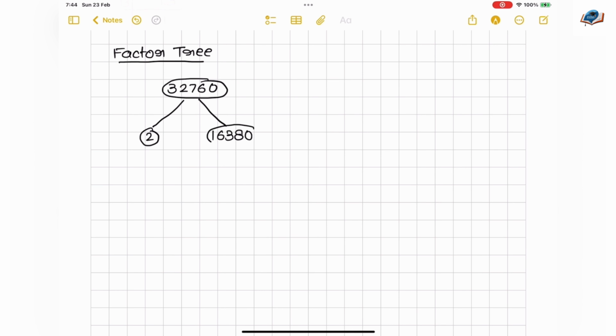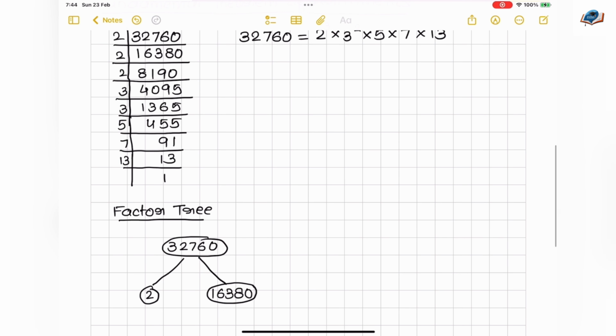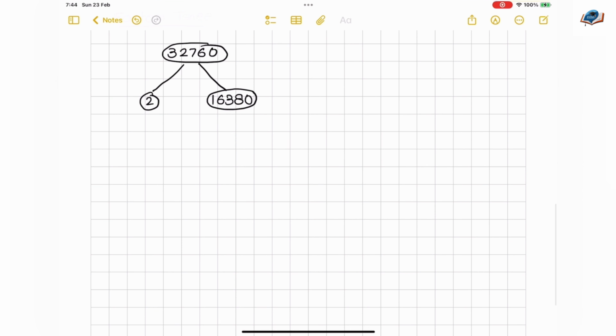See what I am doing, the prime factorization which I have taken now, that only I am representing in a tree diagram. So for making a tree diagram, you need the prime factorization of the number.